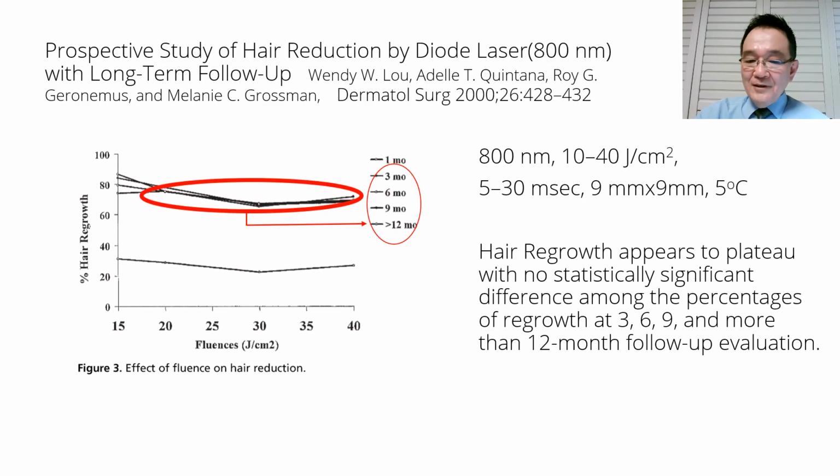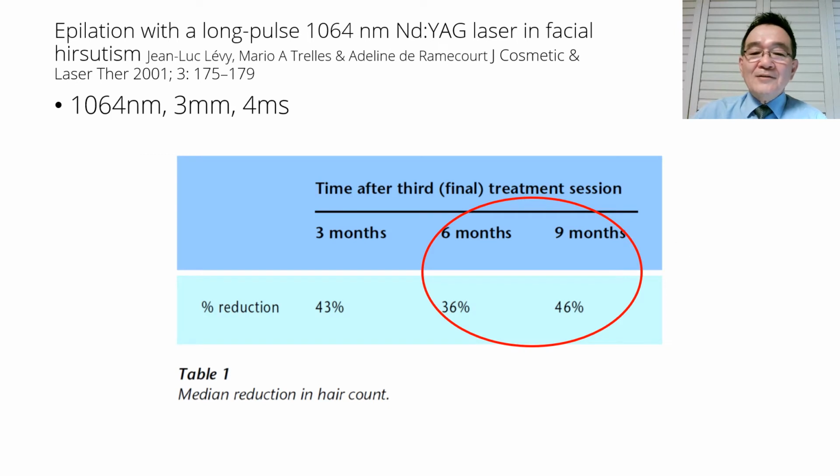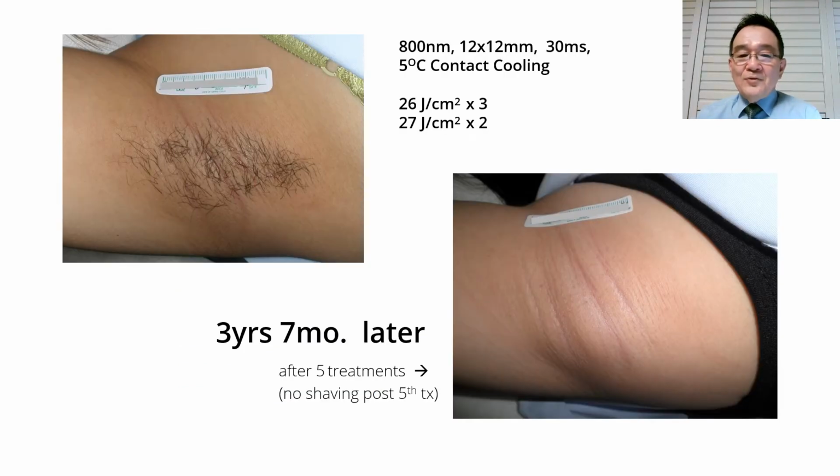In this article, hair regrowth appears to plateau, with no statistically significant difference among the percentage of regrowth at 3, 6, 9, and more than 12 months follow-up evaluation. In this article, even more hairs were reduced after 9 months than after 6 months. In this case, no hairs grew for 3 years, 7 months after 5 treatments, which means the results are permanent.